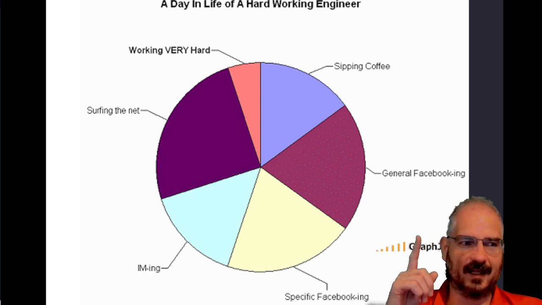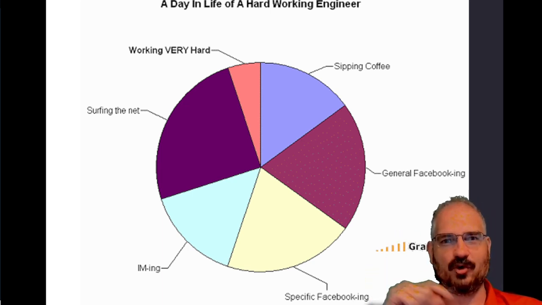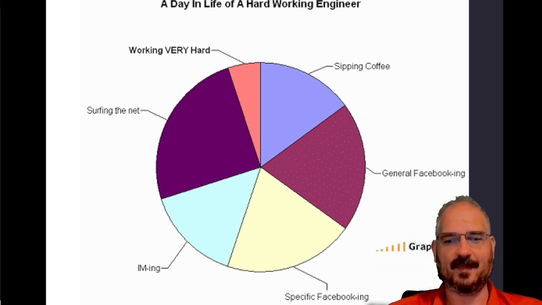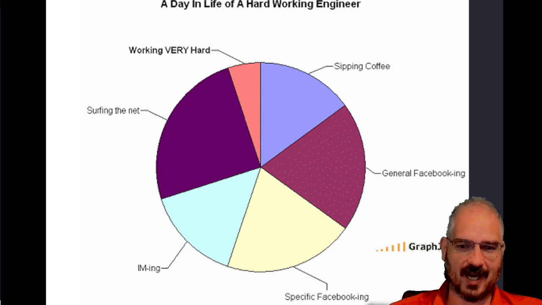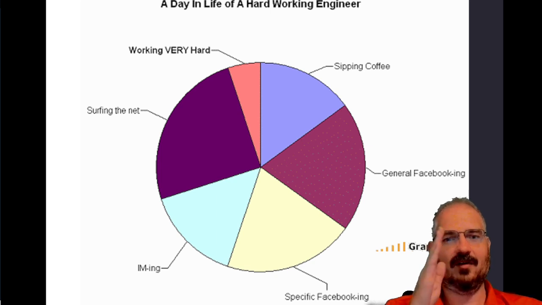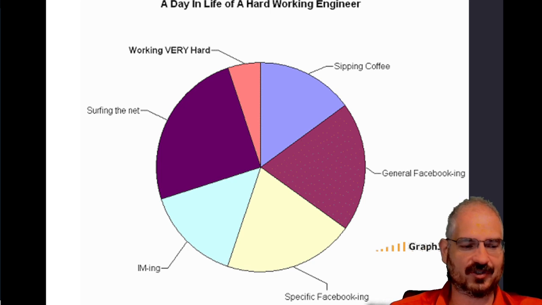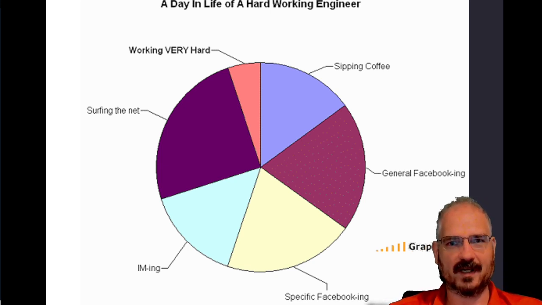Say the purple one in the upper right, that's the chunk of their entire day that they spend sipping coffee, right? And then there's general Facebooking, specific Facebooking, instant messaging, and that little orangish one near the top is the percentage of time they spend working very, very hard.